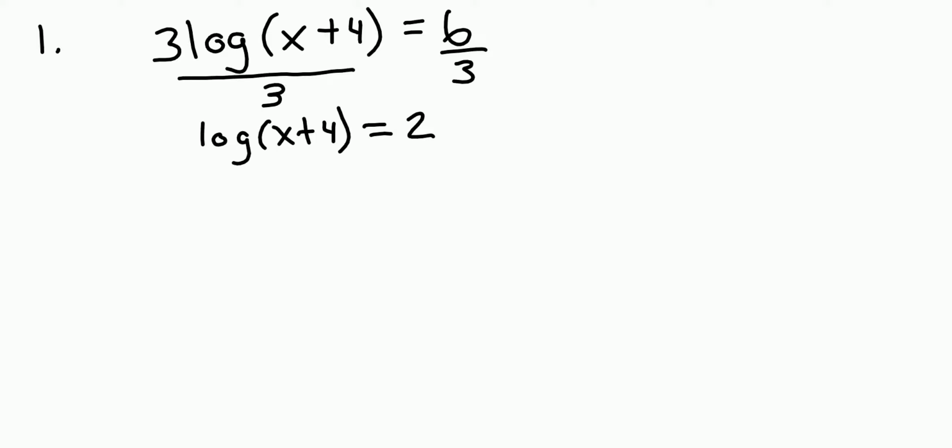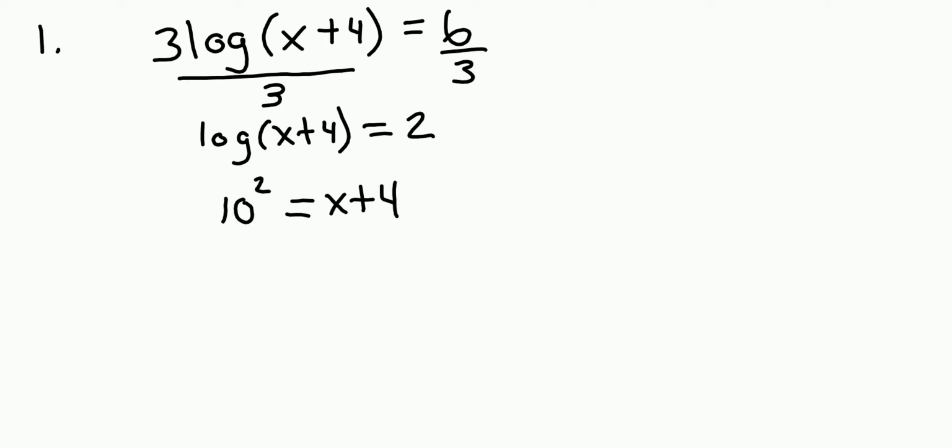Okay, and the next step says to rewrite in exponential form. In order to do that, we need to remember that the base here is 10. If there's nothing written there, it's understood to be 10. So when I'm rewriting in exponential form, it's my base, 10, my exponent, 2, and then my answer, x plus 4.